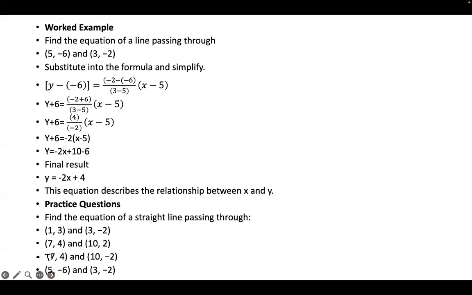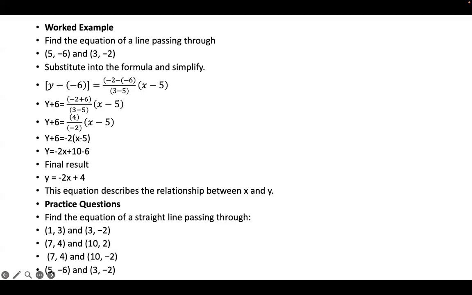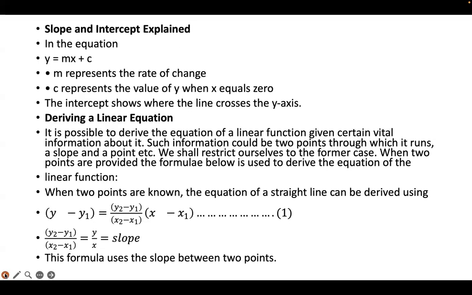So that's why we got the figure to be -2 here. So this is the slope. It's a negative slope. Is that okay? I'm saying that with the formula, whenever you substitute the coordinates into the formula, first of all, you need to determine the slope.